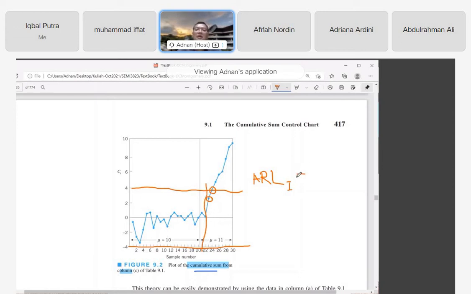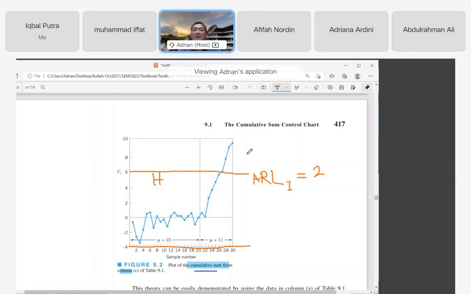So in this case, at the second point, you are able to detect that it is unstable. Actually, it was already unstable, but we could not detect it. Why? Because your H value is here. If you put H at a higher value, it will take a longer time to detect that the process is out of control.